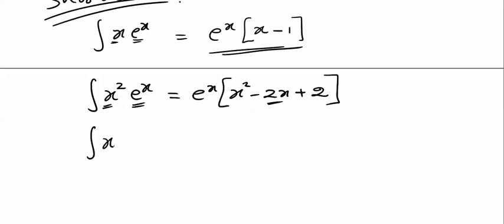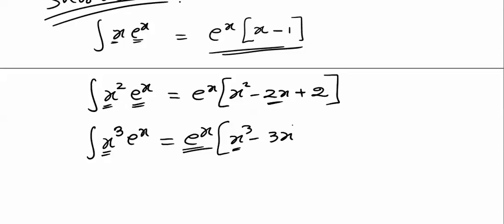Let's say x to the power 3 e raised to x. It should be e raised to x into x cube minus derivative of this, that is 3x square, plus derivative of this, which will become 6x, derivative of this minus 6. That's it. Single liner, you will get the answer. Clear?